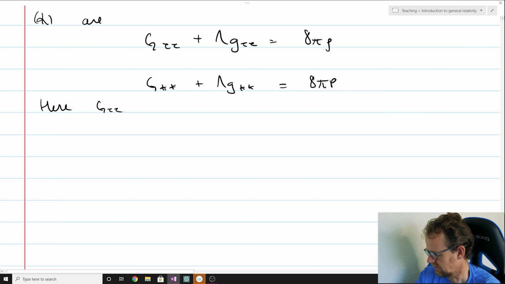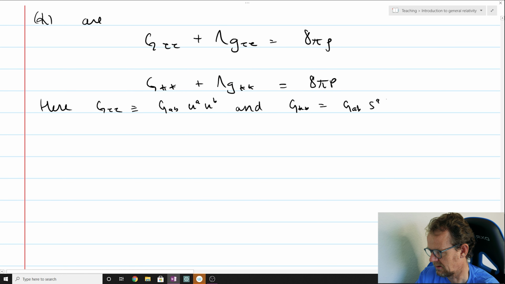G tau tau is easy to explain, right? It's just GAB, where you put in the tangent vector of the isotropic observers, and G star star is just any spatial component that you get by contracting with a unit space-like vector.